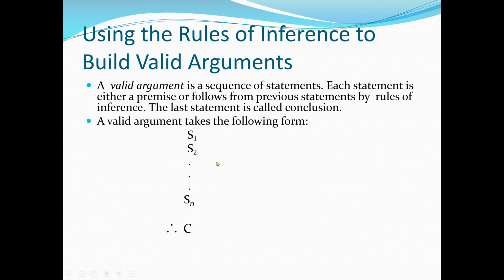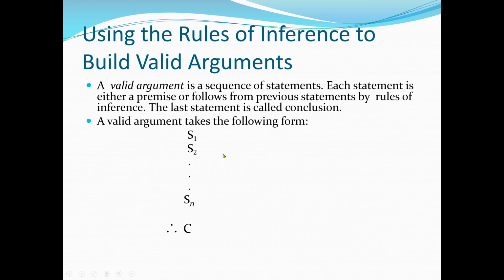So using the rules of inference to build a valid argument, here we say the valid argument is a sequence of statements. Each statement is either a premise or follows from previous statements by rules of inference. The last statement is always called the conclusion. So a valid argument takes the following form.